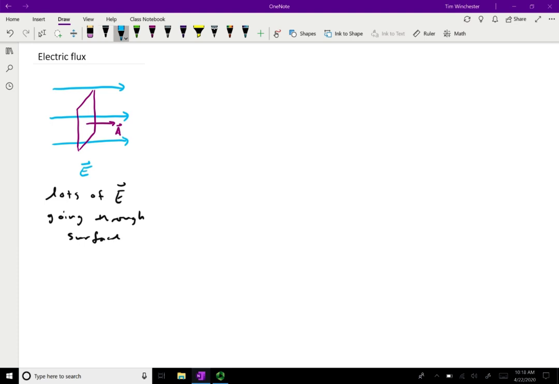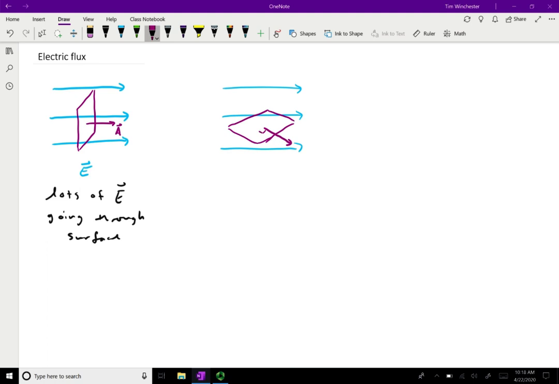Okay, so now let's imagine that you rotate the surface a little bit. So if I have my electric field like this, and I'm just going to have rotated this something like that, and now I have my area vector pointing kind of like that, perpendicular to the surface.